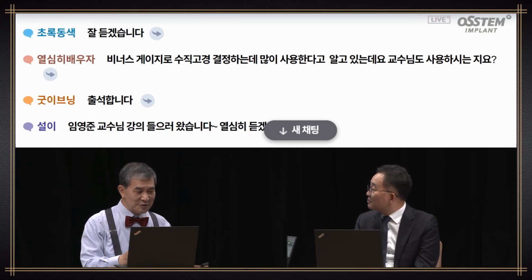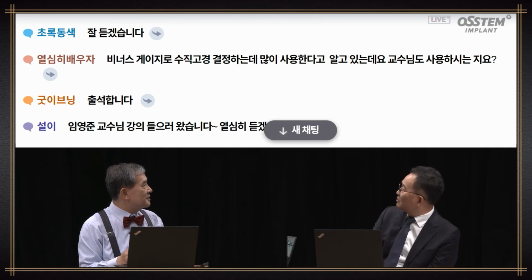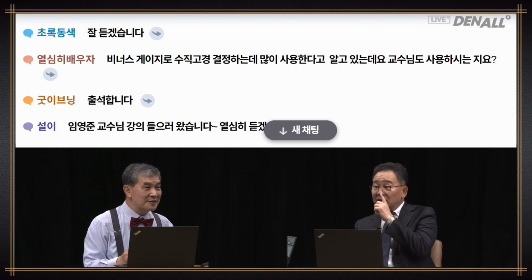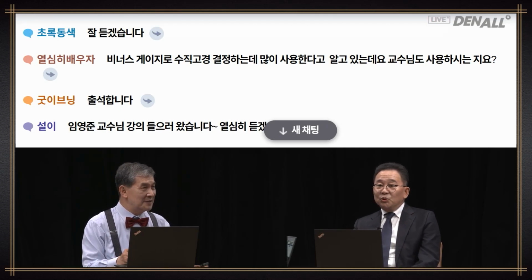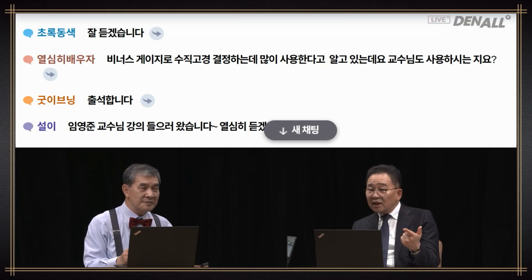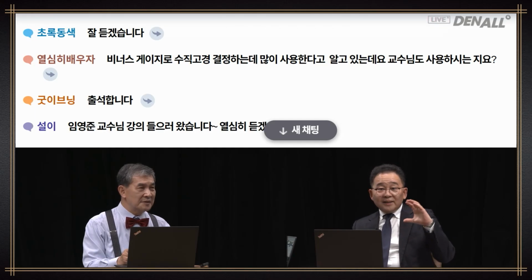I've heard that a lot of people use a Venus gauge in determining vertical dimension. Do you use it, Professor? Venus gauge. Yes, from the chin you use it. It's excellent. If you have that tool within the oral cavity, you can measure the different numbers mentioned in Willis and McGee theory.